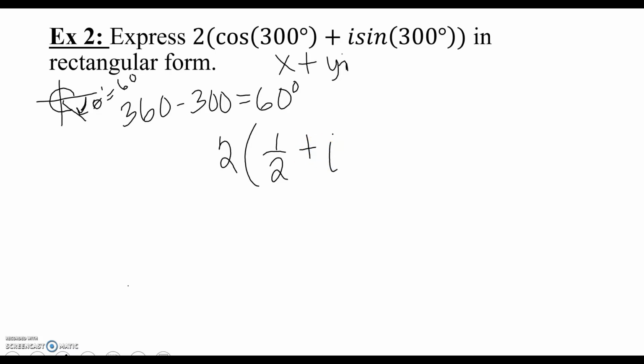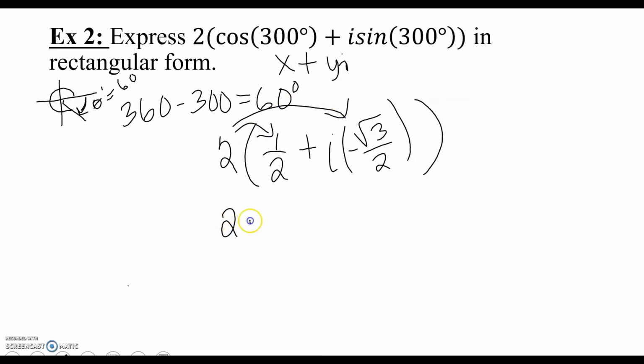And then the sine of 60 degrees is square root of 3 over 2. The sine of 300 will have that same value, except in the fourth quadrant the y value is negative, so it would be negative square root of 3 over 2. And so you have 2 times all of that, so you distribute that 2 to each of those.